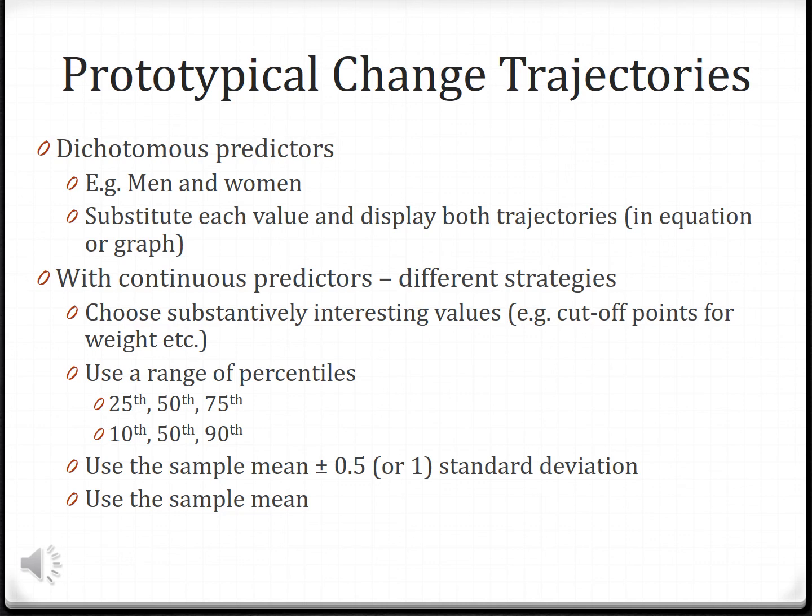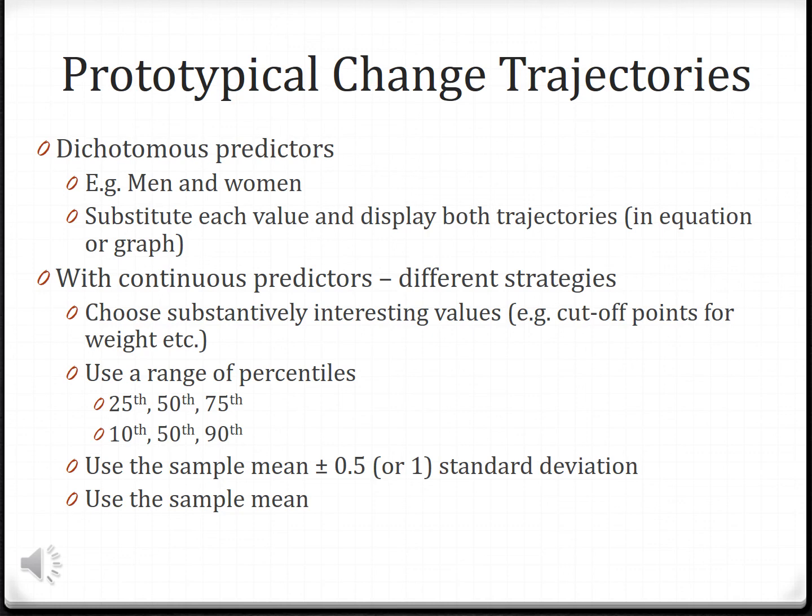Now, with continuous predictors, we have different strategies. You can use substantively interesting values. So cut points for weight, for example, you can categorize people who are at the lower end of normal weight, overweight, obese, and things like that, and therefore have trajectories for BMIs of 18, 25, 30, 35, 40, for example.